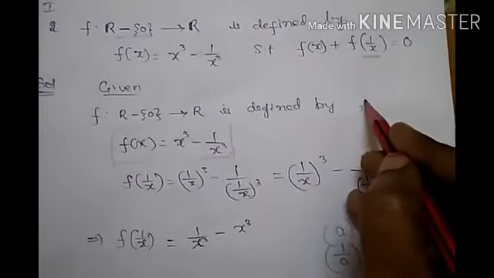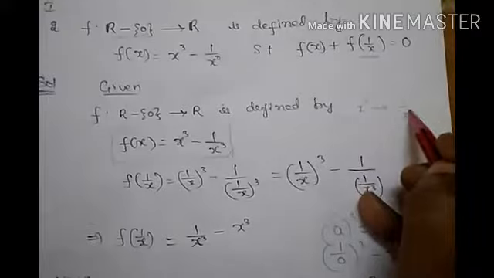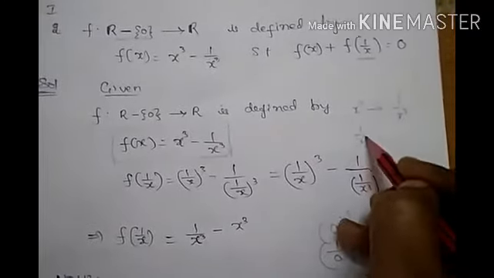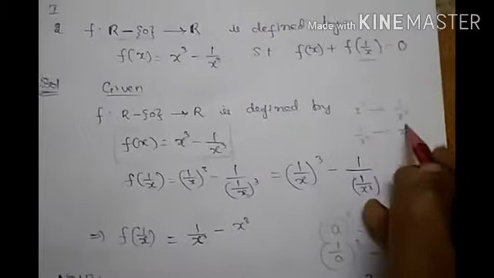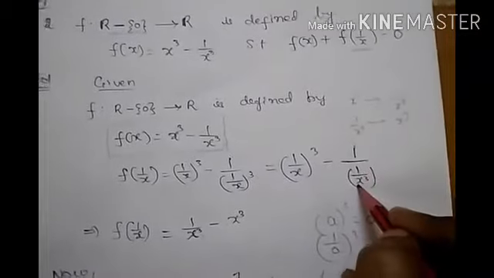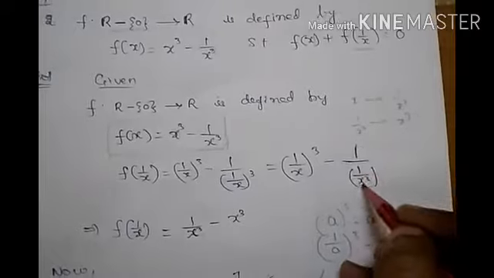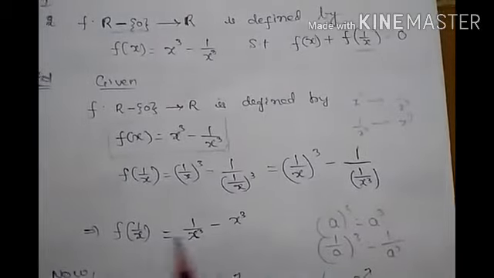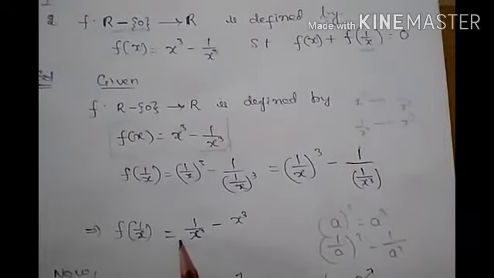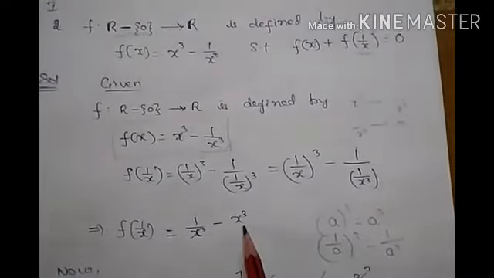Reciprocal of x cube is 1 by x cube, and reciprocal of 1 by x cube is x cube. Understood? Here 1 by x cube, if you take the reciprocal, then you get x cube. Then f of 1 by x is equal to 1 by x cube minus x cube.